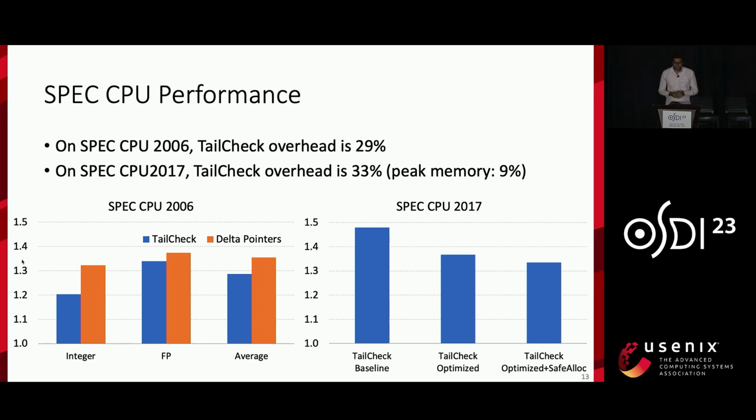That can turn out costly in certain types of programs, which explains the performance difference between TailCheck and Delta Pointers. For SPEC 2017, TailCheck overhead is 33%. We also provide the measurement of memory overhead for our solution, details of which are in the paper.